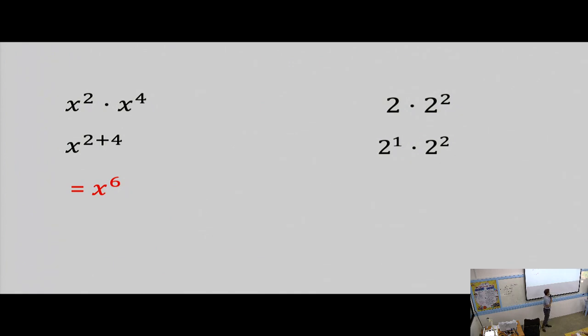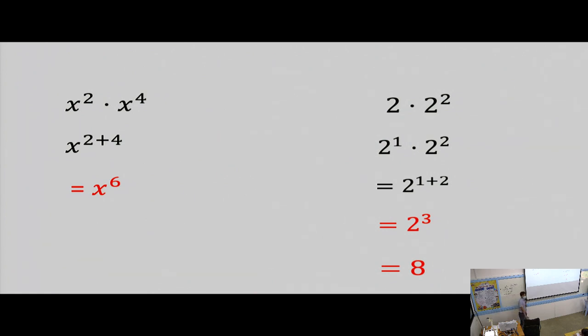So that will be 2 to the power of 1 times 2 to the power of 2, which is equal to 2 to the power of 3. And what is the value of 2 to the power of 3? Very good, that is 8.